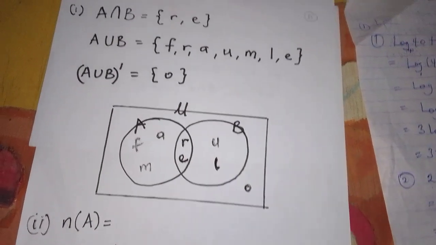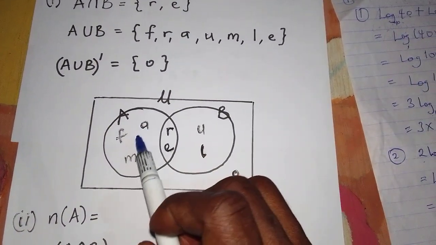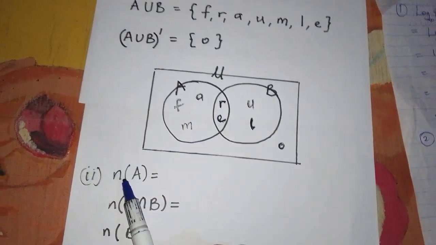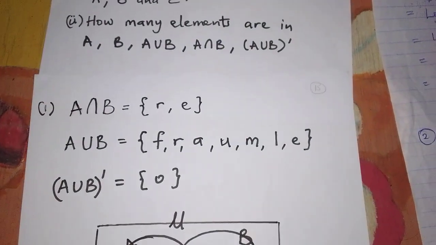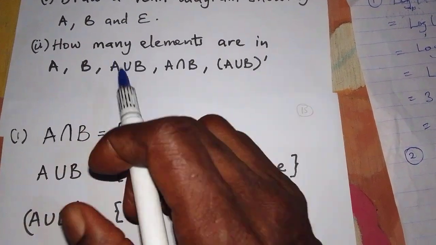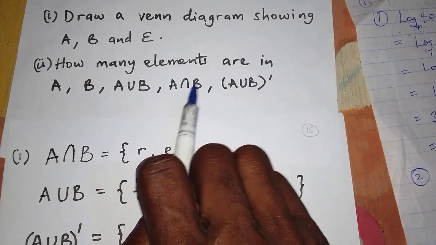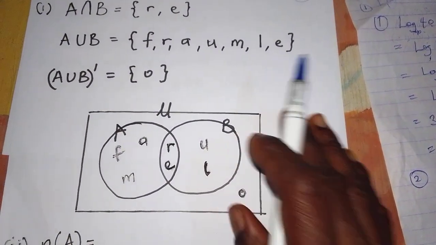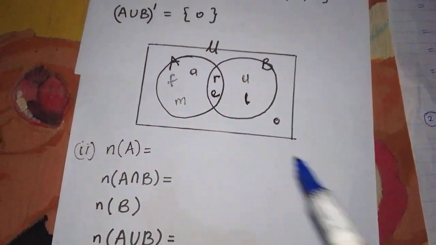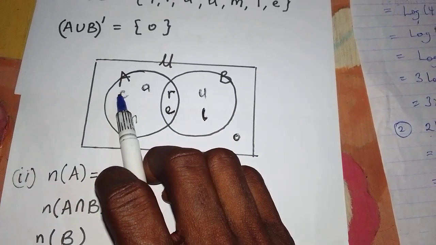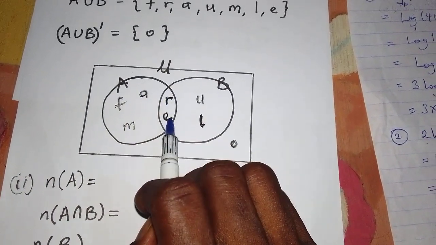If you look at it, the question says we should also look for the number of elements in A, B, A union B, A intersection B, and A union B complement. Now, the number of elements in A: if you look at this circle, how many elements are here? 1, 2, 3, 4, 5.